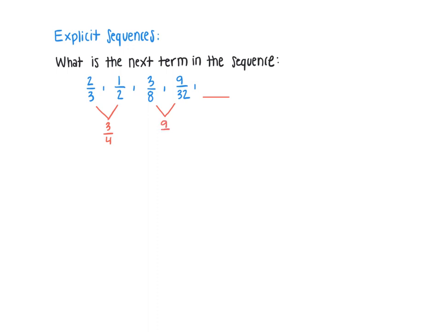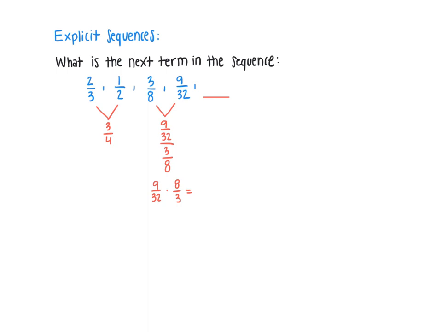9/32 divided by 3/8. Again, this gives me a 4-story fraction, which we're going to do keep, change, flip. It gives me 9/32 times 8/3, which is equal to, remember, always simplify before you multiply.